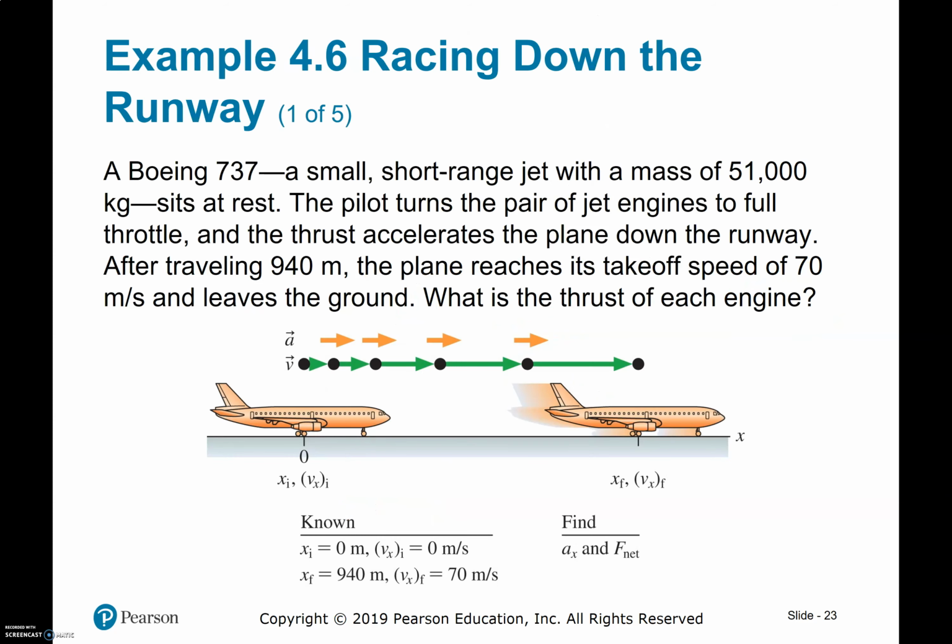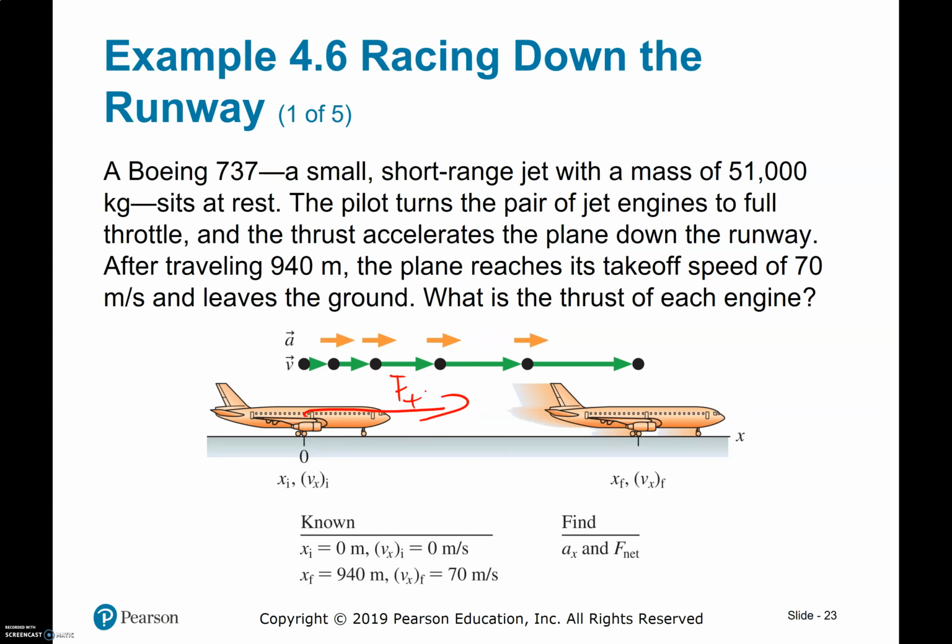Let's look at a simple example of applying Newton's second law. We have a plane with a mass of 51,000 kilograms, so that's a huge mass, and it's at rest. Then you turn the plane engines on, and there is a force applied on the plane. That's a thrust force.